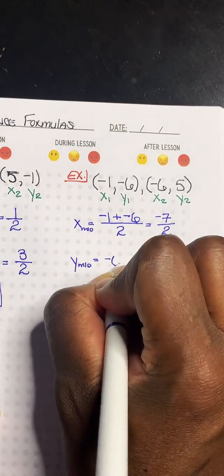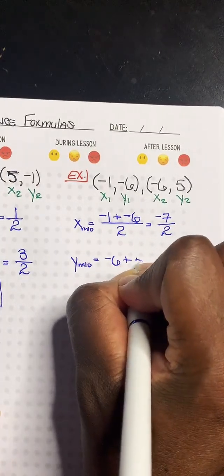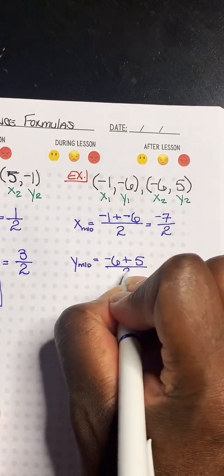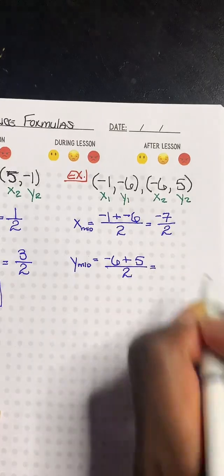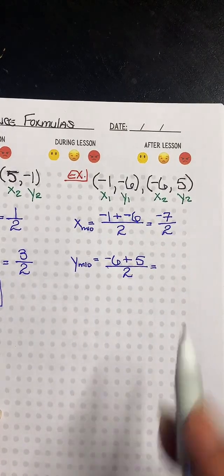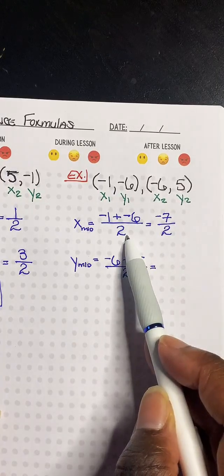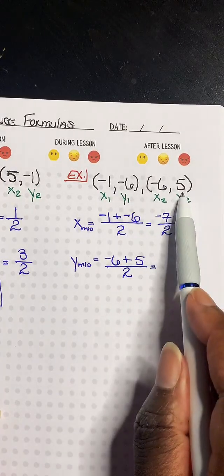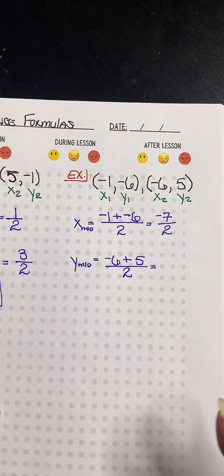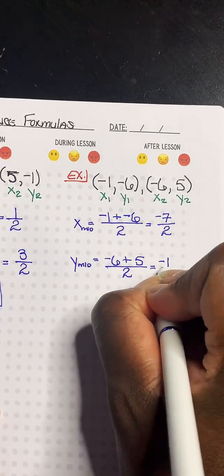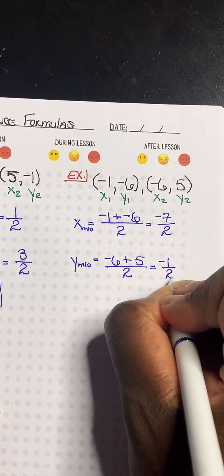So we have negative 6 plus 5, and we're going to divide it by 2. So all we're doing is taking the sum of our x's, divide by 2. Then take the sum of our y's and divide by 2. So negative 6 plus 5, that gives me a negative 1 over 2.